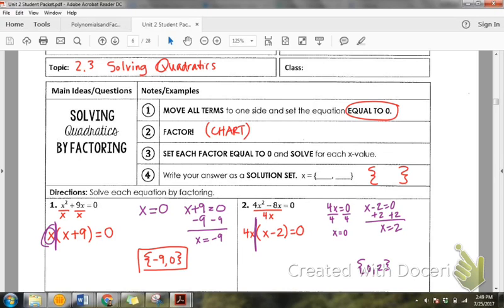All right, let's do a few more. Wait, I have a question. Does it matter how you write the pair, like which one goes first? Did you hear what I just said? Okay. I want you to write it smallest to biggest. So 0 is smaller than 2, so write 0, 2. If you do it the opposite way, it won't be wrong.